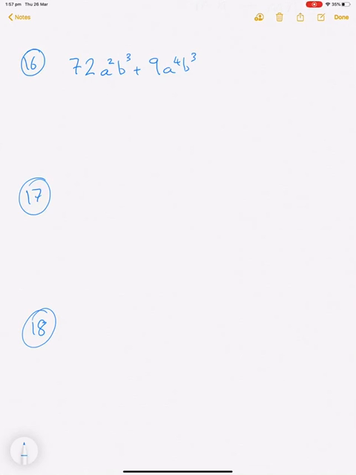Let's do 105m to the 4 plus 5m to the 7. Let's do 4m squared y cubed plus 12my.